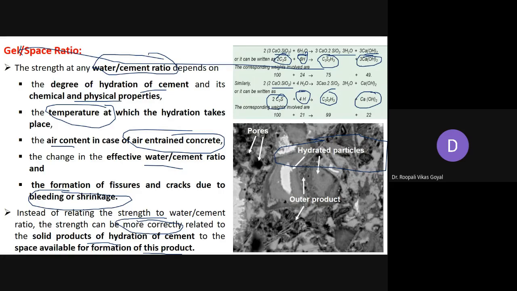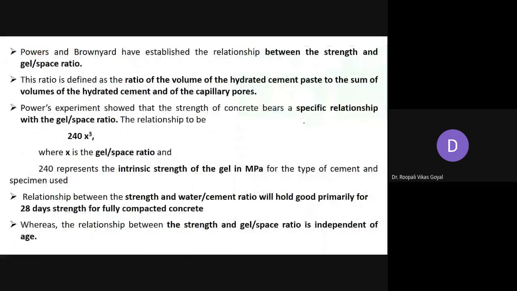So Power and Brownyard established the relationship between strength and gel to space ratio: how much space is available and how much gel is actually forming. They gave that relationship, and this ratio is defined as the ratio of the volume of the hydrated cement paste to the sum of the volume of hydrated cement and the capillary pores.